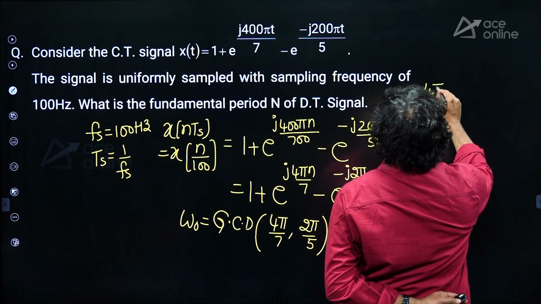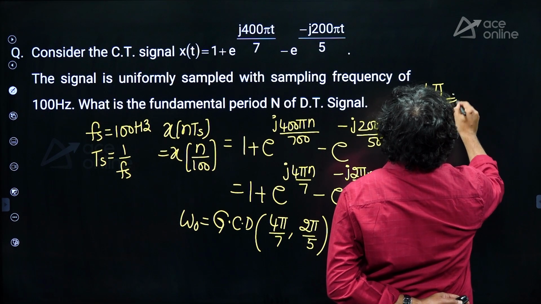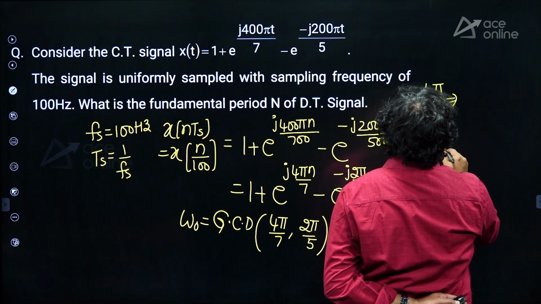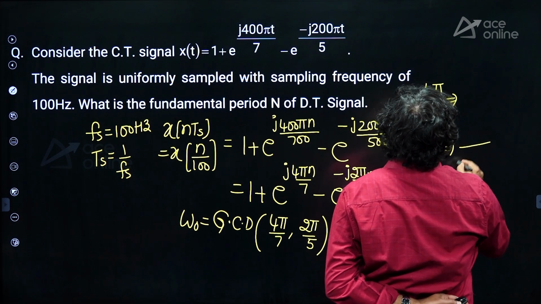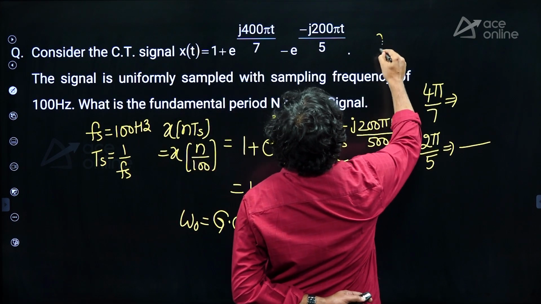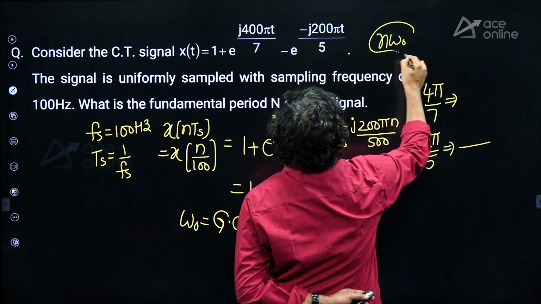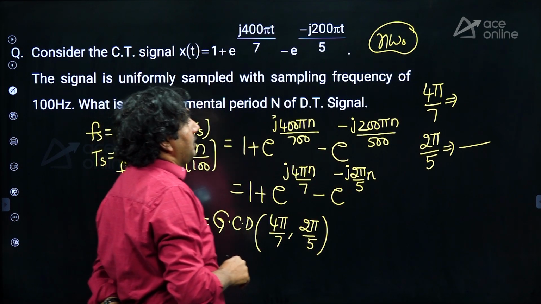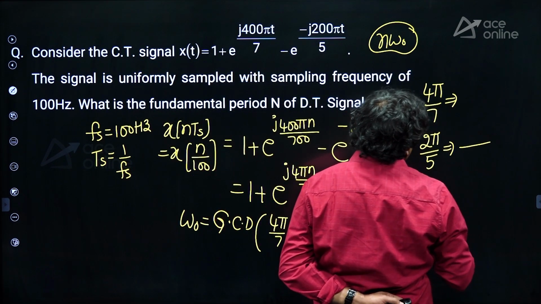7 fives are 35, that is a common multiplier. So to make the denominator same, because our expectation is the n omega naught harmonics concept, integer multiples of the fundamental harmonic concept, what adjustment do I have to do?